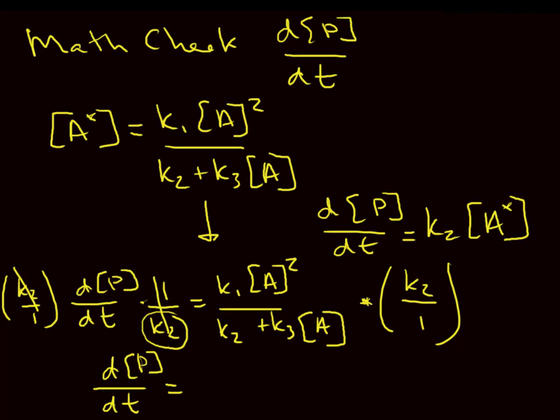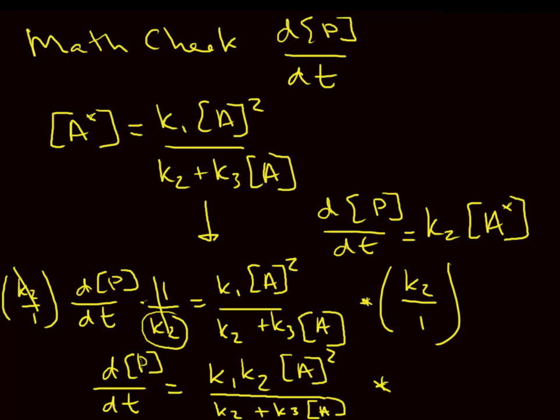And on the right-hand side, we then get k sub 1, k sub 2 times the concentration of A squared over k sub 2 plus k sub 3 times the concentration of A. So our little sanity check, make sure that as you go over this particular mathematical proof or derivation that you yield the same representation.